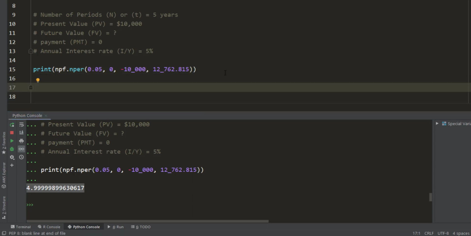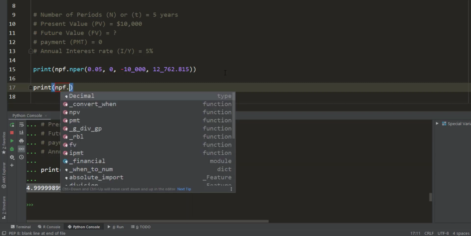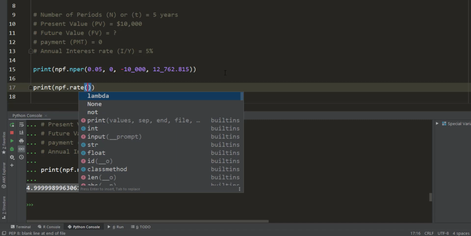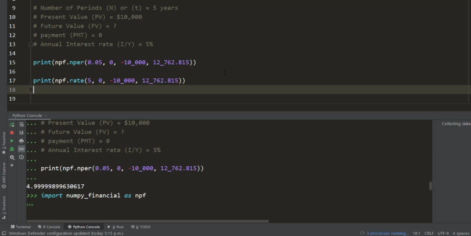Now let's solve for interest rate. So we do print npf.rate, and then we do 5 as our number of period, we do 0 as PMT, we do minus 10,000, and then we do 12,762.815, and let's just compute.